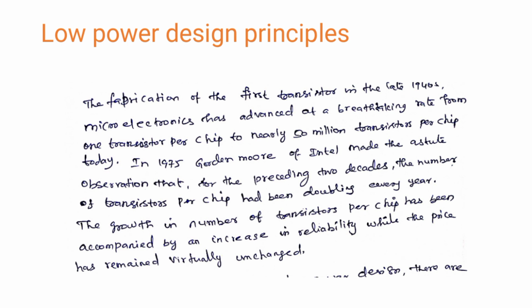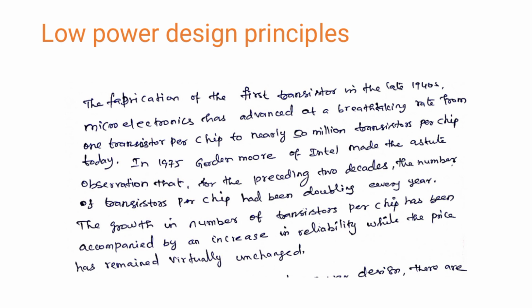The first transistor was fabricated in the 1940s. We have a term called Moore's law, right? Moore states that every 18 months, the number of transistors inside a chip will double.